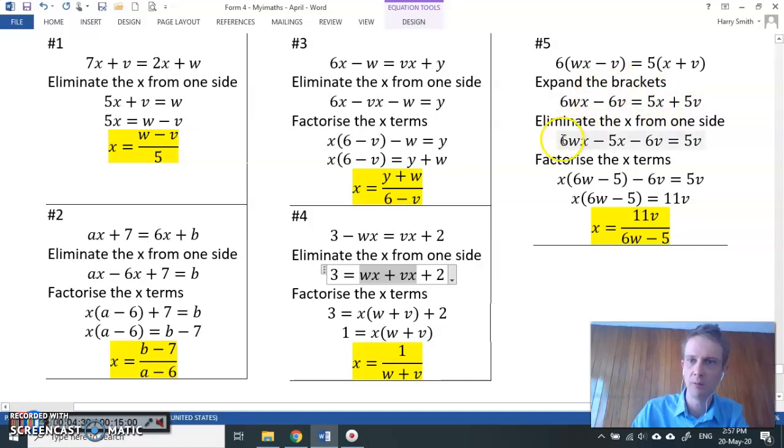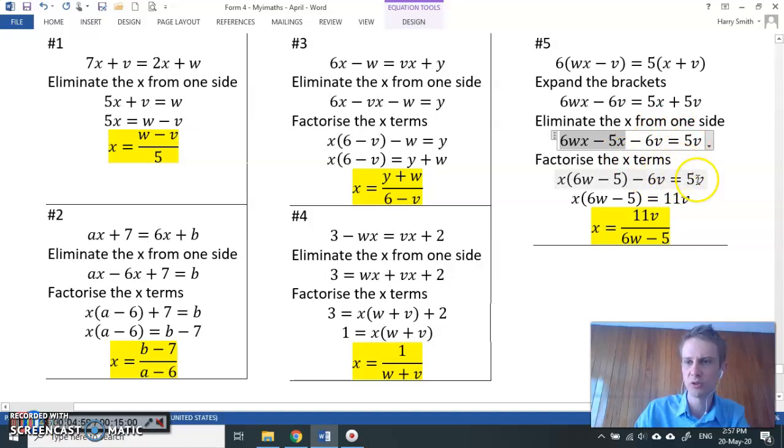In this equation I had the x terms on both sides, the 6wx and the 5x. So move the 5x onto here. Factorize the x terms as before, taking the x out. X times 6w is 6wx, x times 5 is 5x. They just come down straight away.